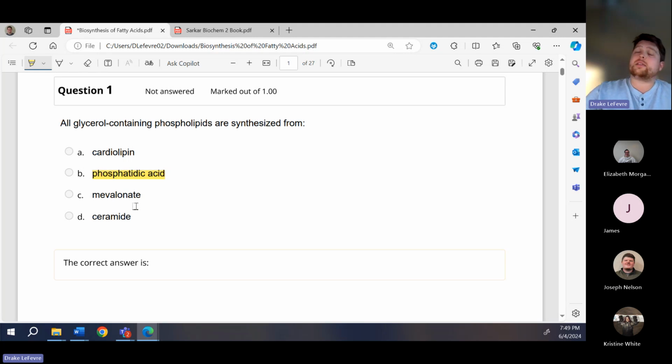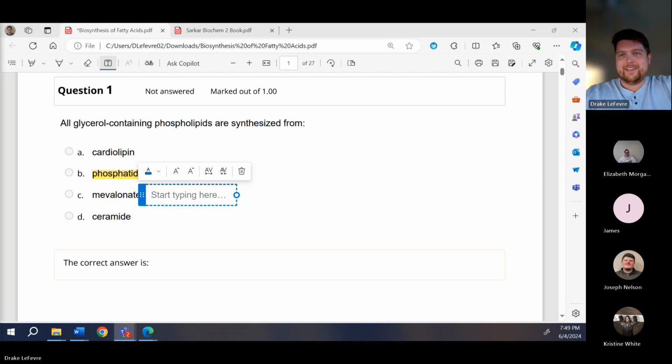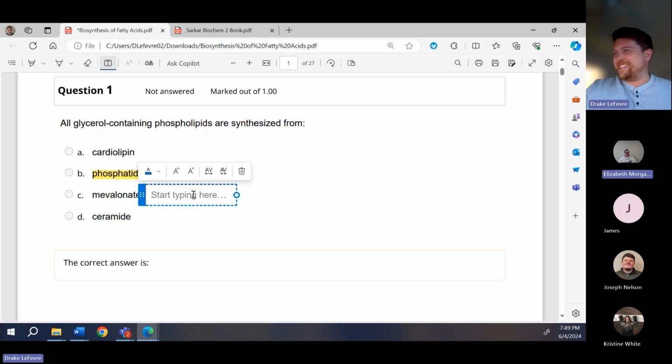Mevalonate, we should recognize this from last week's tutoring session. Does anybody remember what mevalonate is? It's okay if you don't. Like it sounds vaguely familiar.